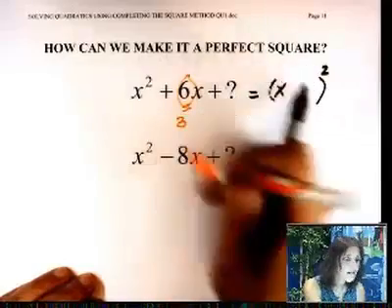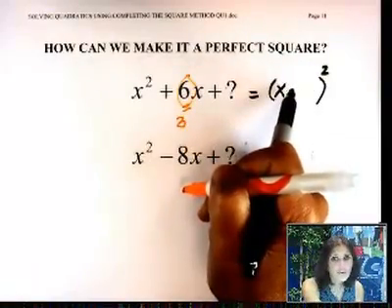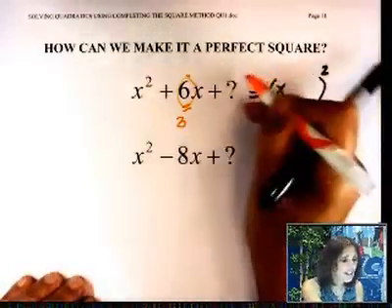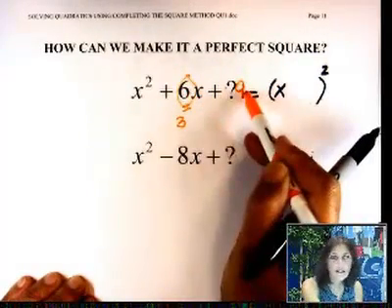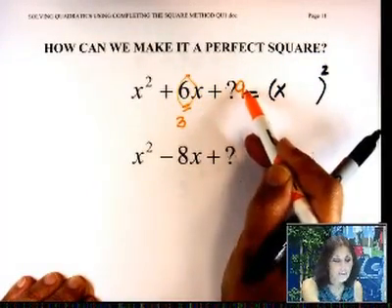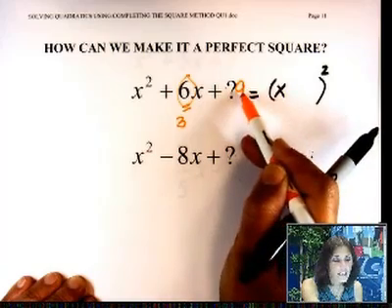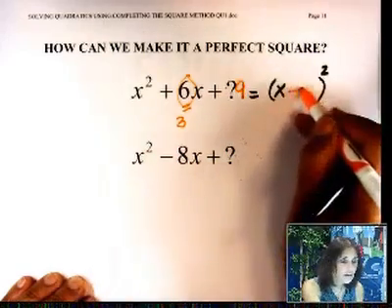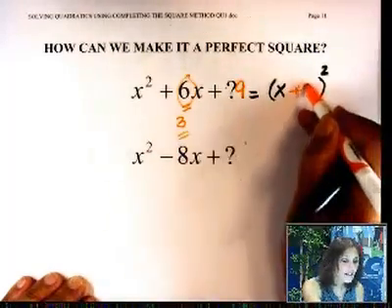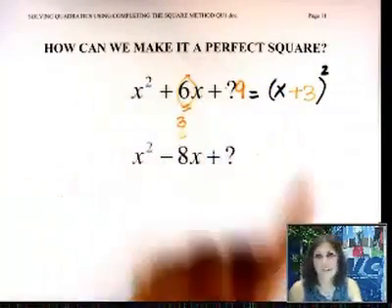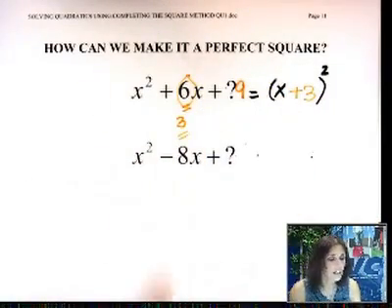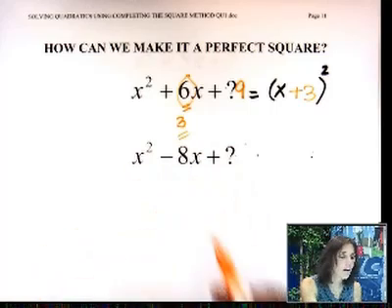That's 3. Okay, that's the last term, and that's squared. That's 9. So take this, divide by 2, and square it. That's what the missing term is. The missing term is 9. And what will go here? This thing that I divided. X plus 3 squared is x squared plus 6x plus 9. Let's do the same exercise with that one.